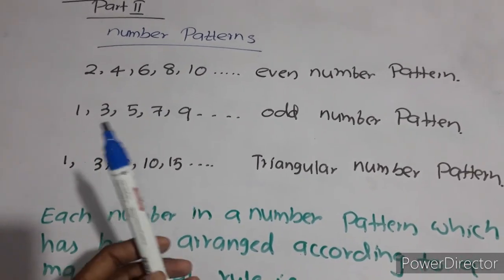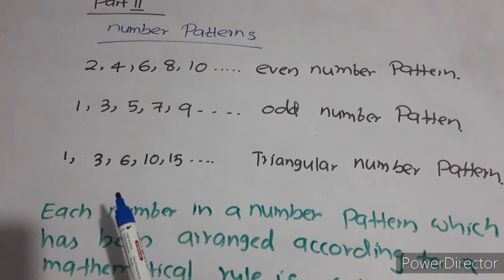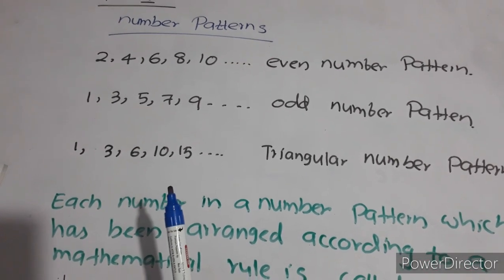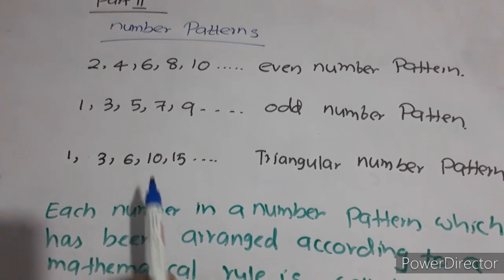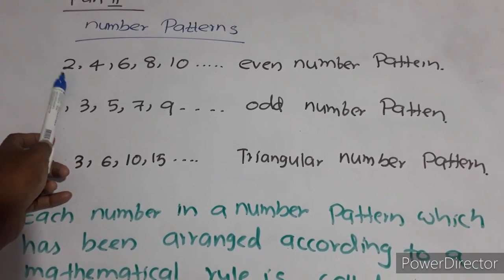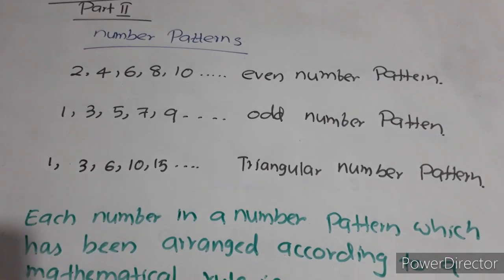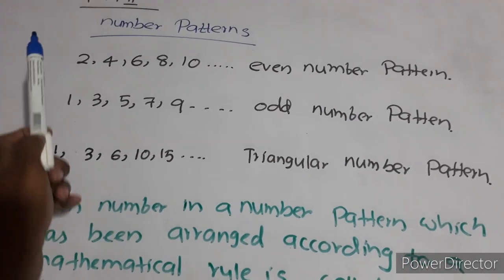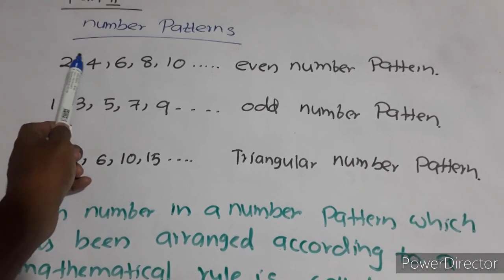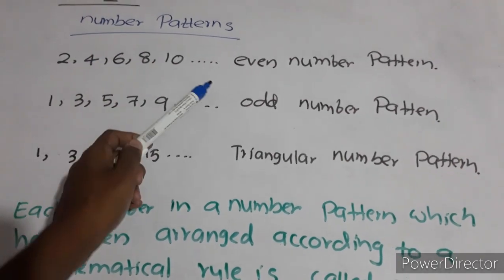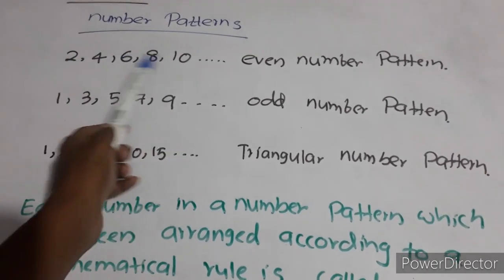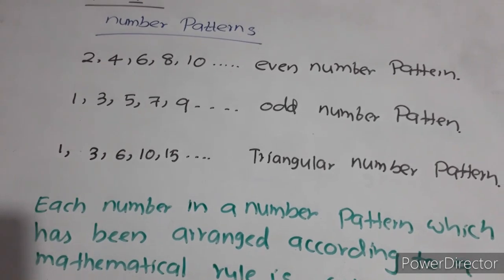We learned even numbers, odd numbers, whole numbers, composite numbers. So you know what an even number is. Starting from 2: 2, 4, 6, 8, 10, it's an even number pattern. We can say it's adding 2 each time, and then we get the even number pattern.